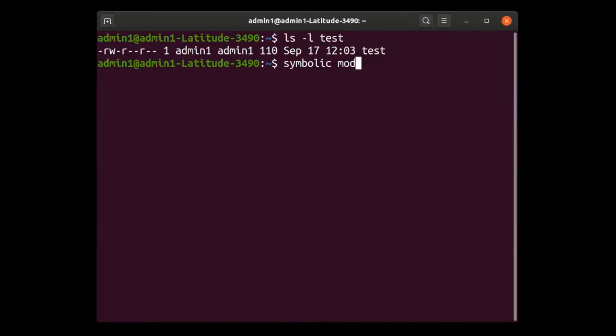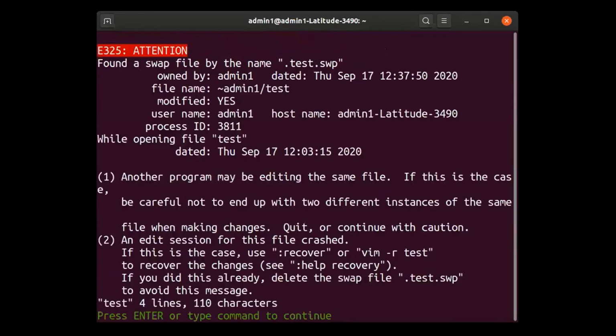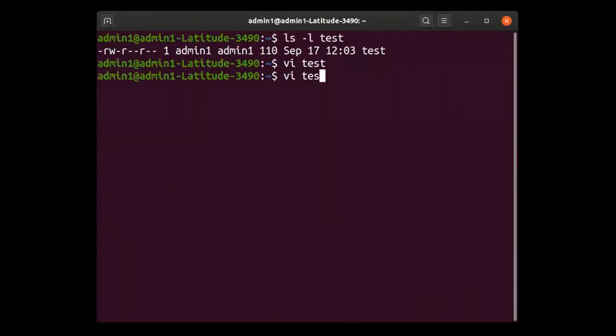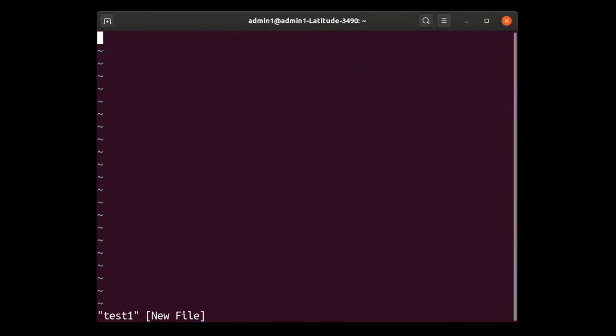And the second one is absolute mode. First one is the symbolic mode and the second one is absolute mode, right?